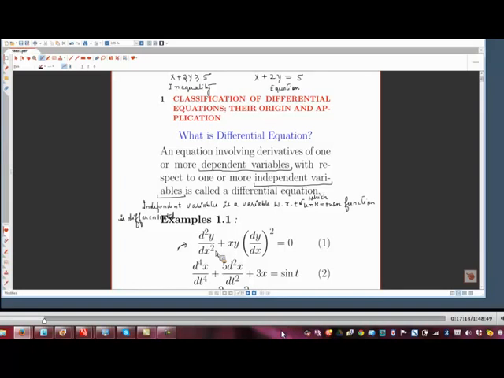Y. What is the independent variable? Independent variable is x. Very good, guys. So the unknown function here is y of x, and the independent variable is x.